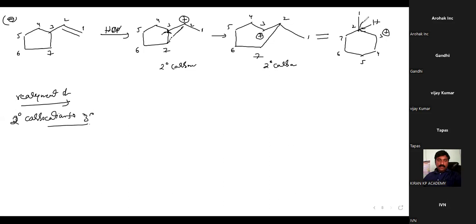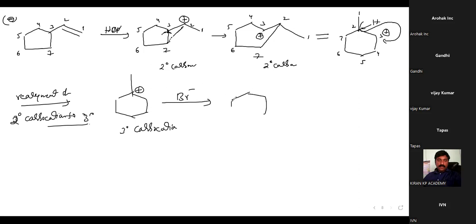This hydride shift takes place here. Therefore, what will we be expecting? We will be expecting the 3-degree carbocation. Now, on this, the Br minus attacks. So this is how our answer has finally turned out.